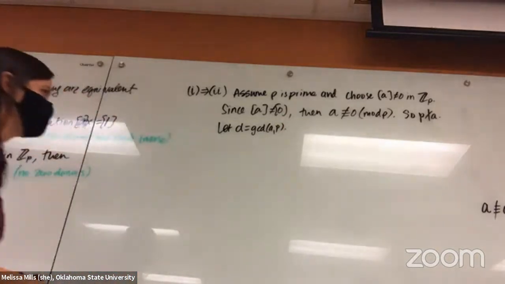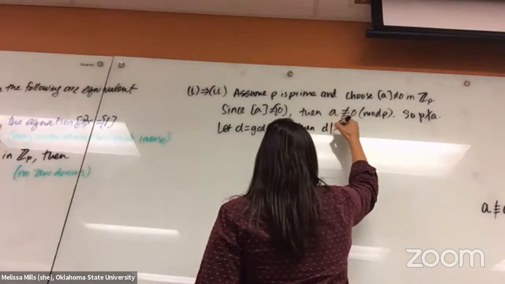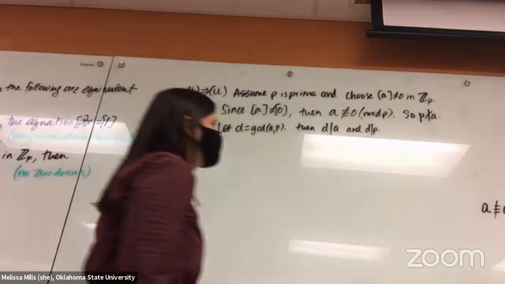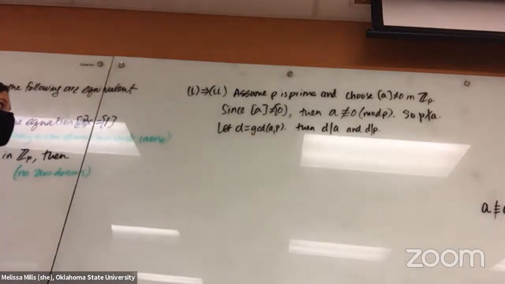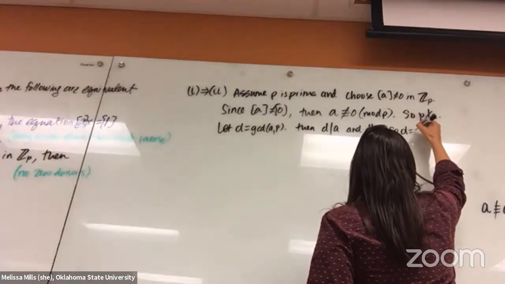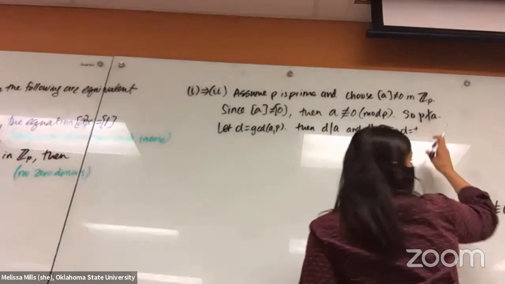So let D be the GCD of A and P. Then D divides A and D divides P, right? Well, if D divides P, what do we know? So plus or minus 1 or plus or minus P. Well, it should be only the positive because it's the GCD, right?